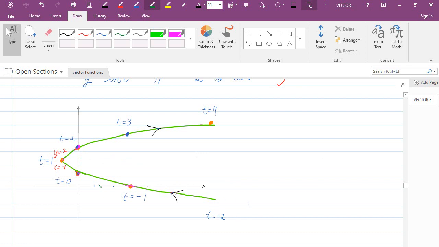All along, as t progresses from negative infinity to infinity, y is always increasing, from negative infinity to positive infinity. So the y coordinate is moving upward. The x coordinate moves to the left, comes to negative 1, and then moves to the right again. So that tells you we get the entire parabola, and it is traced in the direction of the arrows. So these arrows tell us the orientation of the curve.